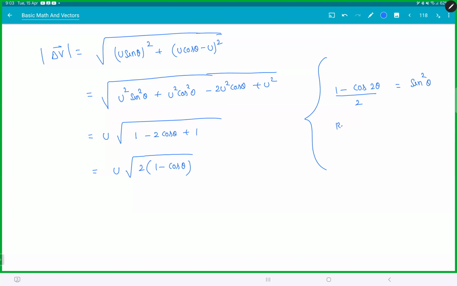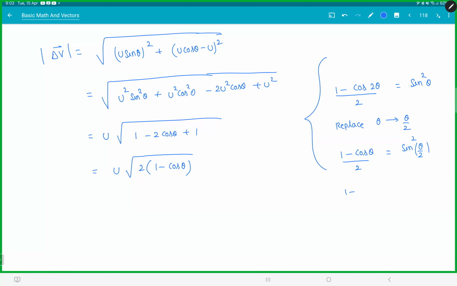So replace 2 theta with theta, or think of it like this: replace theta with theta by 2. Then 1 minus cos theta by 2 becomes sine square theta by 2. That is better. You're getting it? So the formula becomes like this.